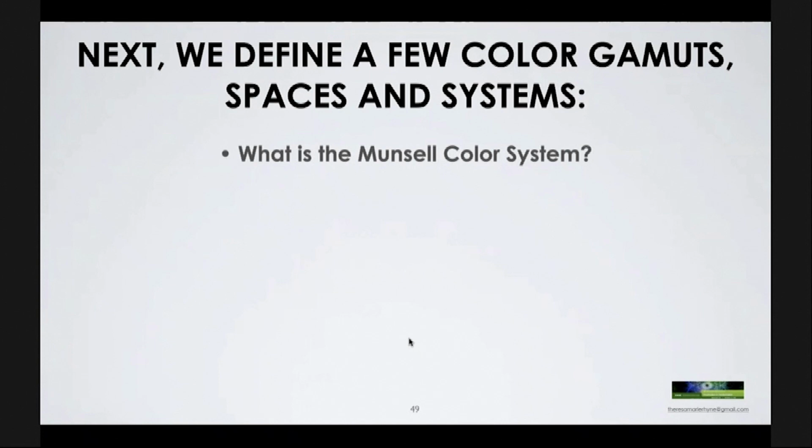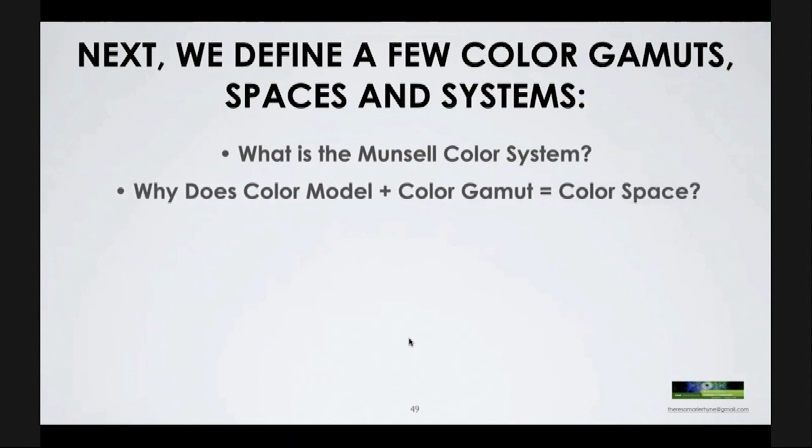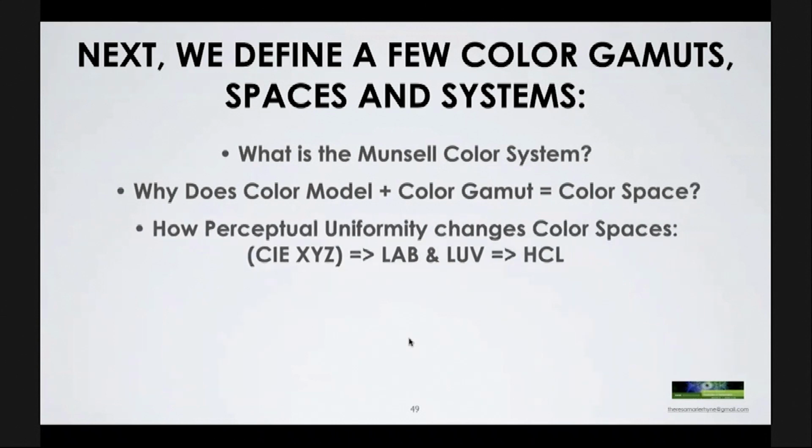So now I'm going to define a couple of color gamut spaces and systems. I've already alluded a little bit to Munsell, but I'm going to describe it in some more detail here. Next I'm going to talk about how a color model and gamut make a color space. Then I'm going to talk about perceptual uniformity and web hex triplets.